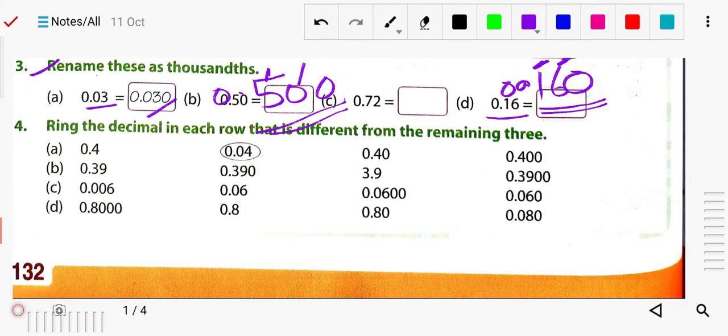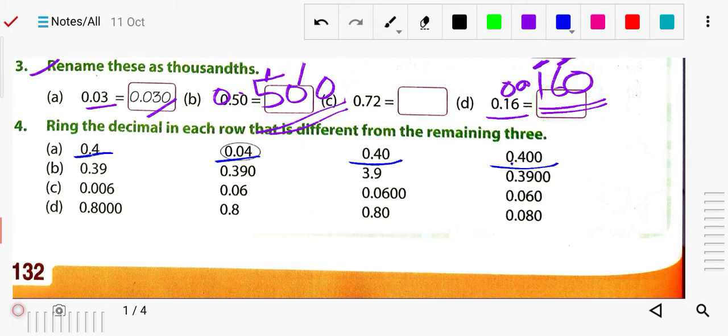Question number 4: ring the decimal in each row that is different from the remaining terms. How is it different? 0.4, 0.04, 0.40, 0.400. What I told you is that the last digit of the decimal must stay the same.